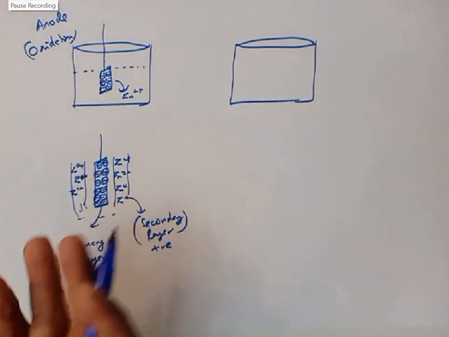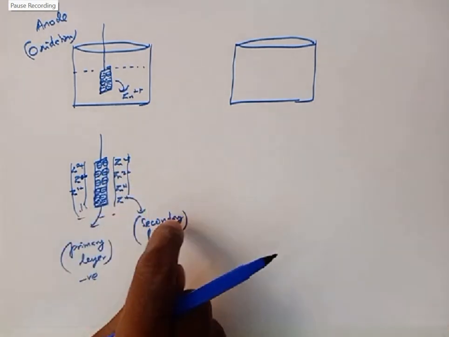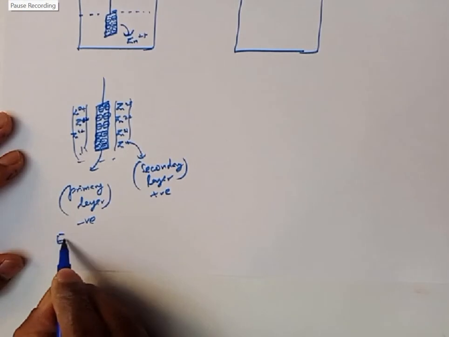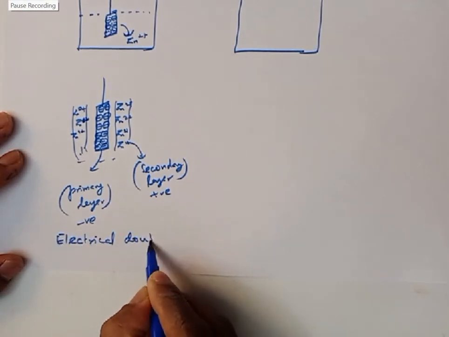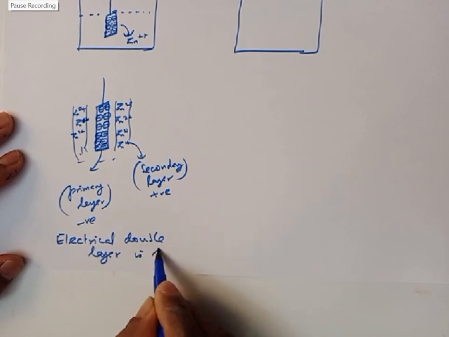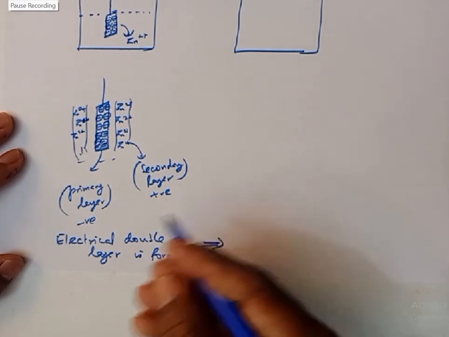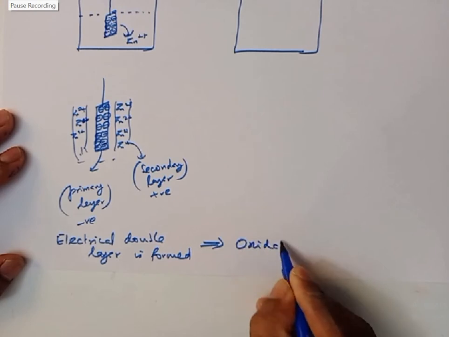Here we have a layer of charge. One layer is negative, the primary layer is negative, and the secondary layer is positive. Because of this, an electrical double layer is formed, and that electrical double layer gives a potential, and this potential is called the oxidation potential.